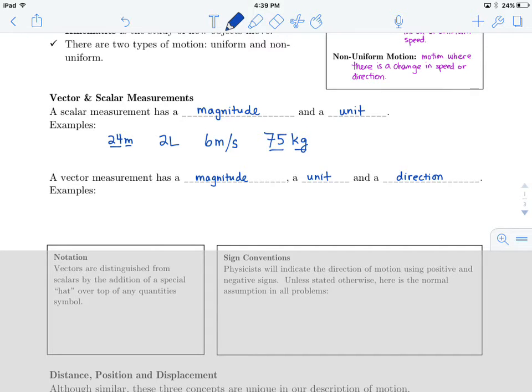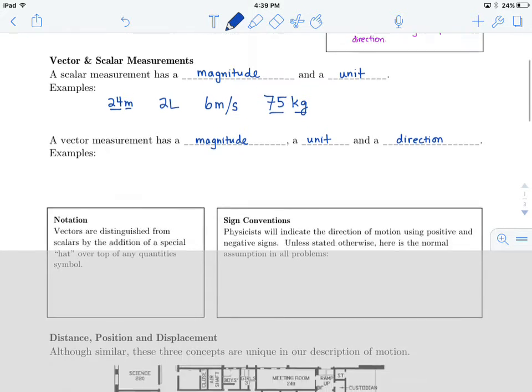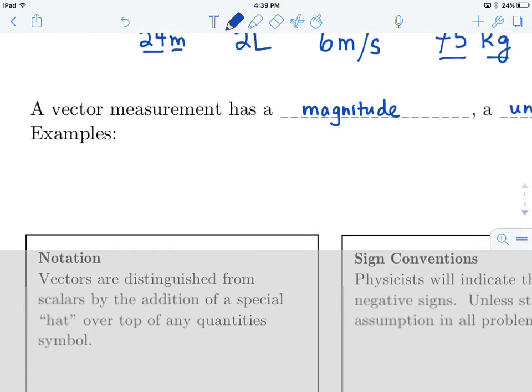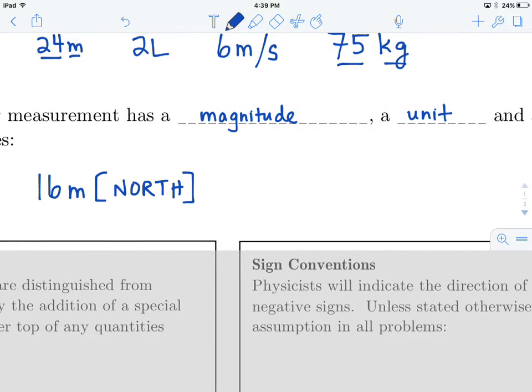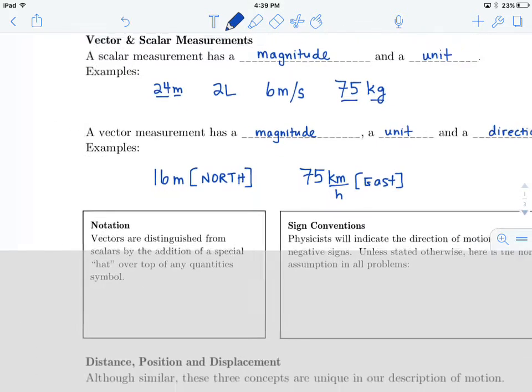So a magnitude, a direction, and a unit. An example of this would be 16 meters north. Or we could say the car was traveling 75 kilometers per hour east. So these are examples of vectors.